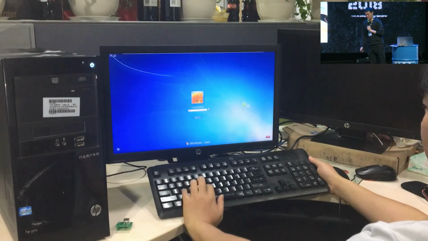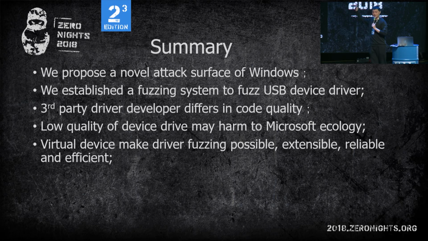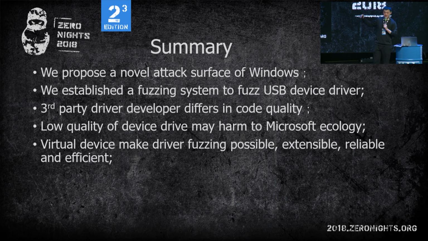Okay, so we come to the summary. We found a novel attack surface of Windows, and we established a whole working fuzzing system to discover the bugs, and we found the third-party driver developers differ in code quality. So it introduced a lot of bugs, even stack overflow, heap overflow and some null pointer reference.